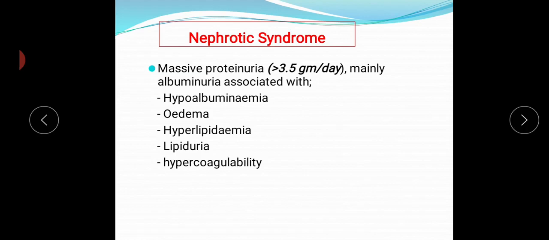They prevent excess fluid within the interstitial space. But if there is a loss of plasma proteins, it will decrease the oncotic pressure, and that will increase the interstitial fluid and may lead to edema. Then hyperlipidemia, lipiduria, and hypercoagulability are the characteristics associated with nephrotic syndrome.